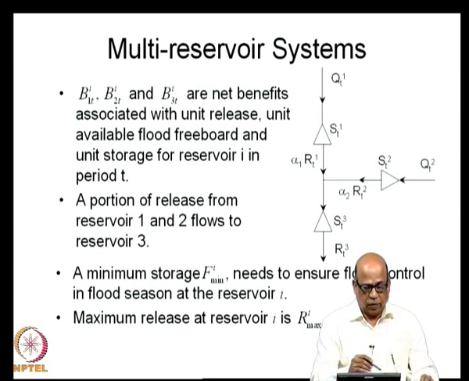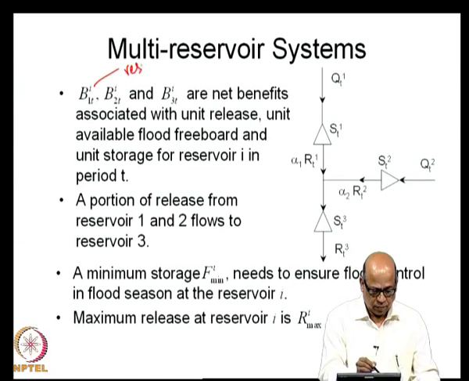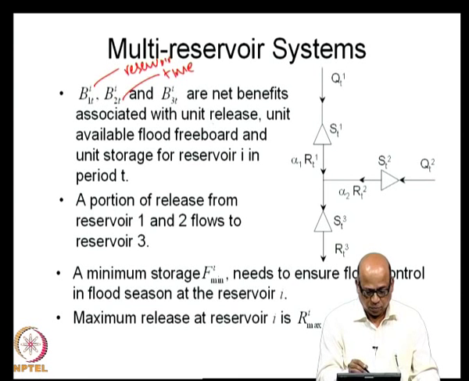Now, we will say B1T, B2T, B3T are the net benefits associated with unit release, unit available flood freeboard and unit storage for reservoir I. So, I will put a superscript I here to indicate that it is the reservoir, and T is the time, and this 1, 2 and 3 are associated with the purposes.